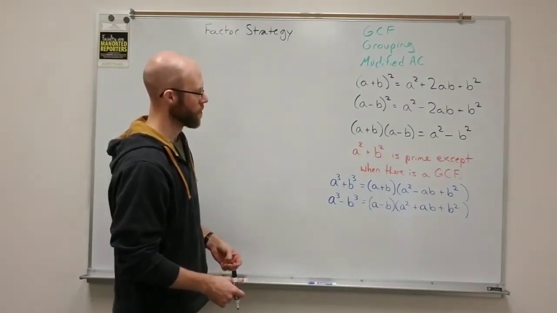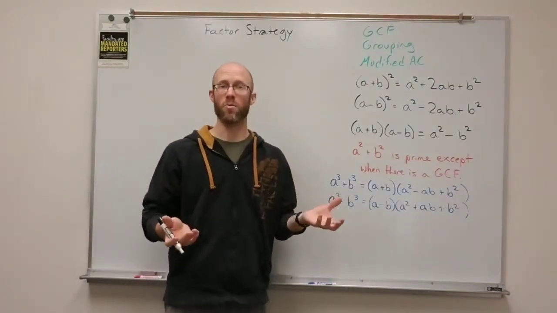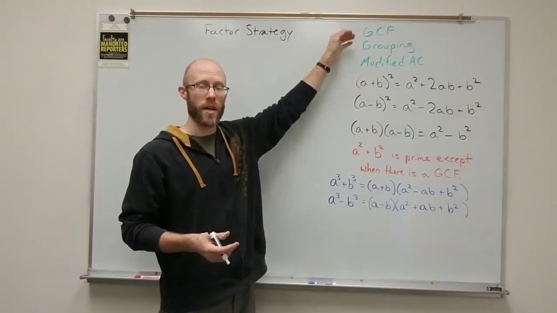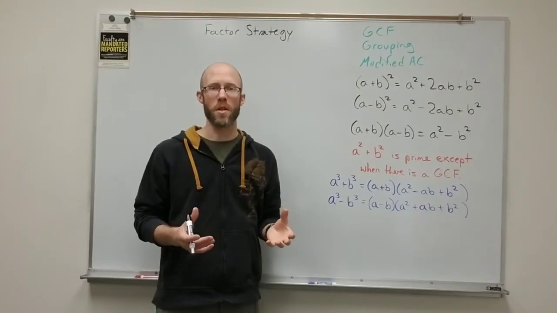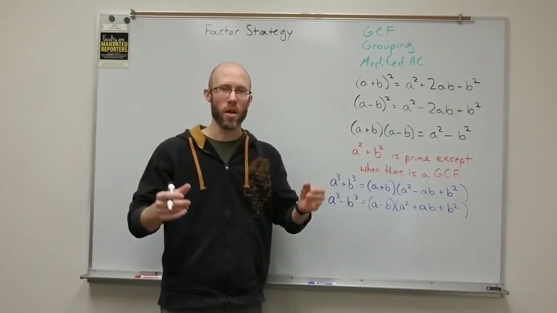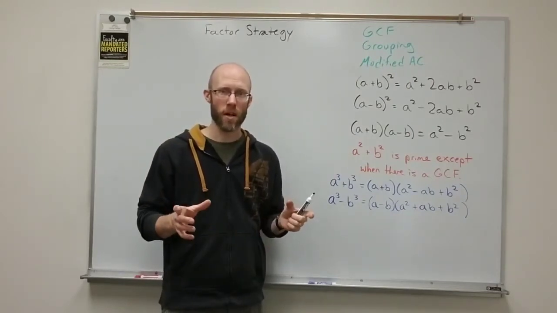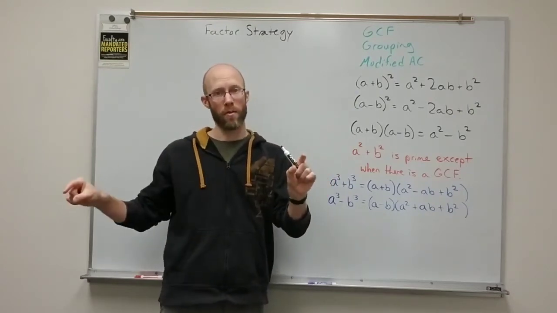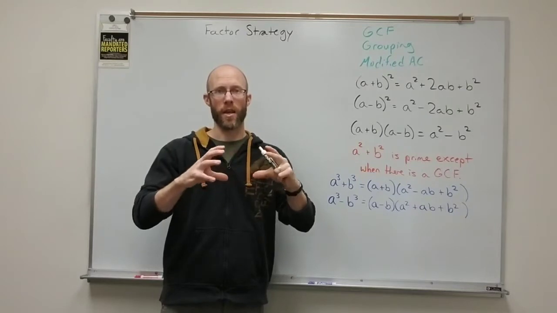The first thing I would say as a general rule is always factor out a GCF first. That should pretty much always be your go-to. As soon as you see you've got a factoring problem, ask, do I have a GCF? And if I do, pull it out. That will make everything else smaller.